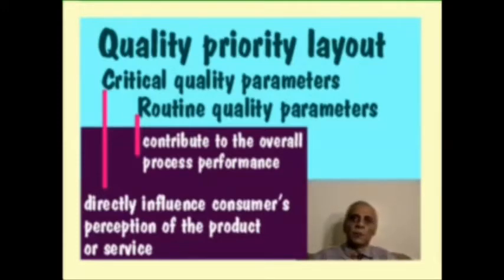If you go to a textile mill that produces fabric, perhaps the most critical parameter is loom stops, or loom efficiency, or fabric defects. Okay? These are critical because they are directly influencing the cost. More importantly, they are directly influencing the consumer or the customer perception of the product or service, especially in the context of a competitive strategy.